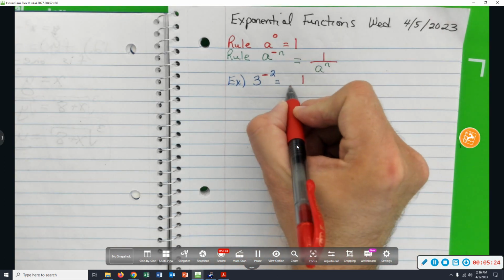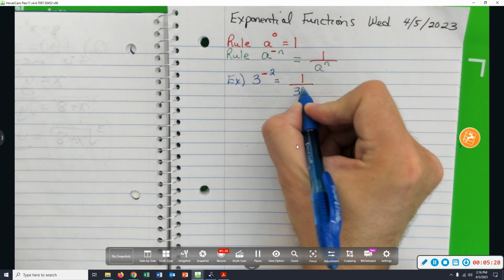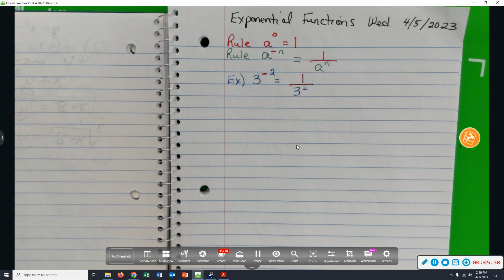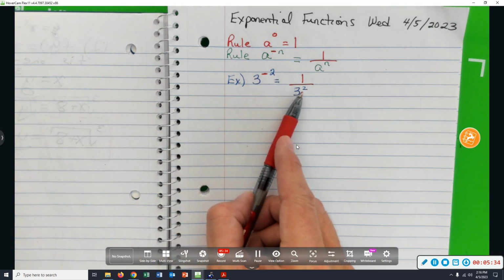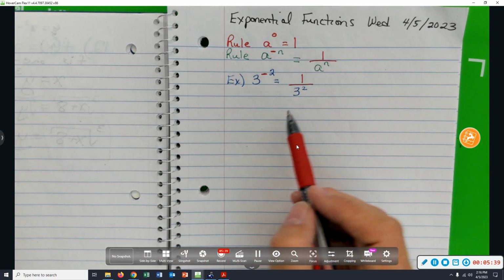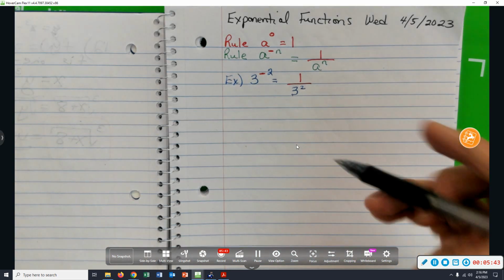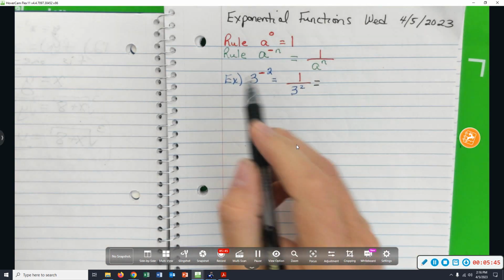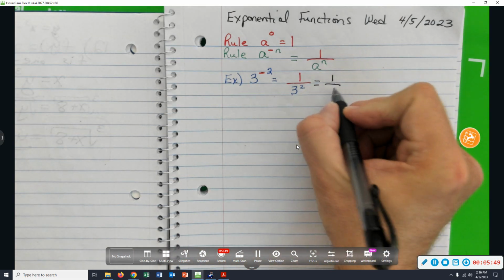So 1 over 3 to the 2. That gets rid of the negative. The red negative means the red 1 over. And now y'all know what 3 to the second power is. What's 3 squared? 9. So 3 to the negative 2 is not negative 9. It's 1 over 9.